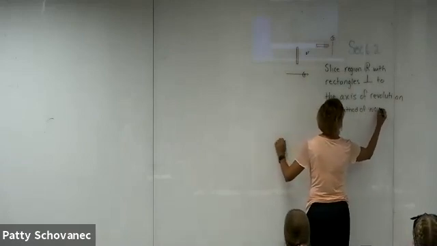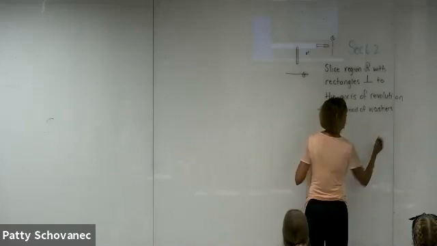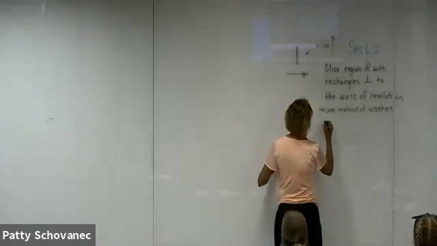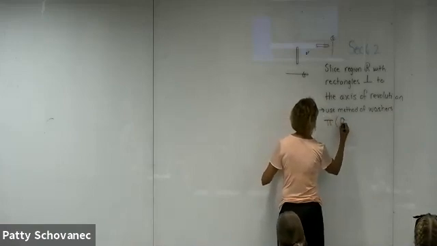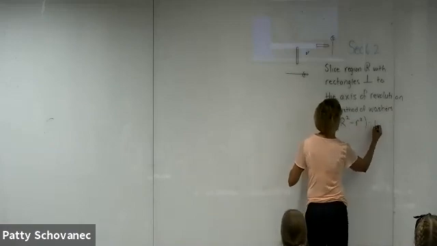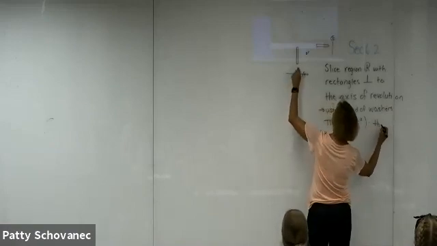Let's just call it washers. It's pi times the outer radius squared minus the inner radius squared, and then our thickness is either dx or dy.